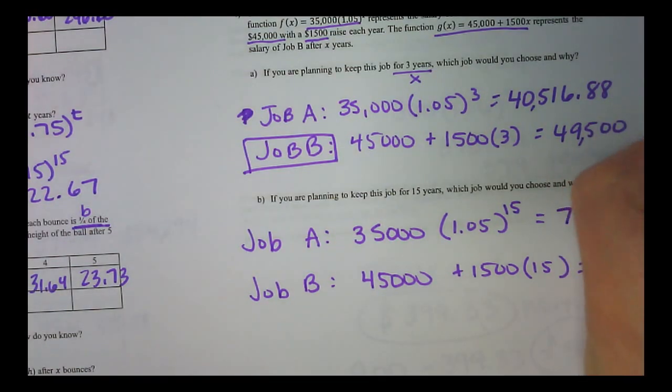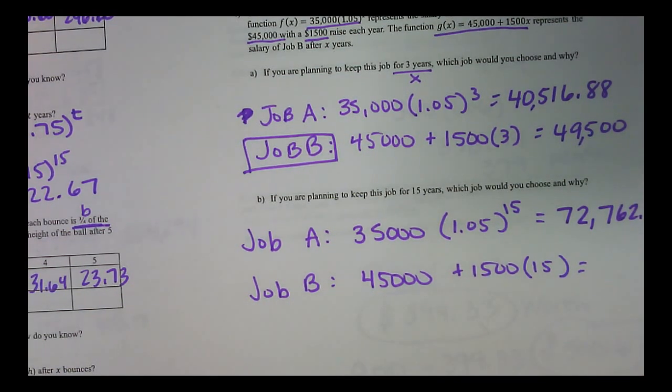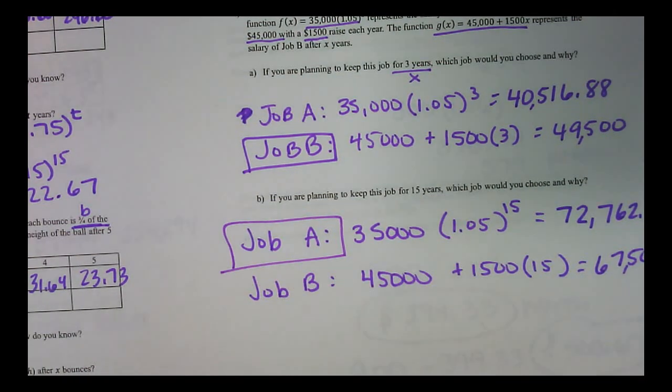So this job is going to make $72,762.48. And then the next job is going to make $67,500. So in this case, we want job A if we're staying there longer because we're going to make more money.